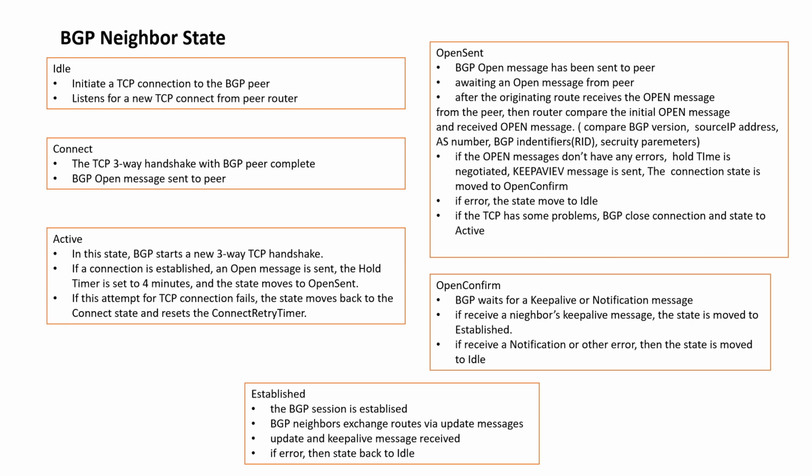Established is the final state. In this state, the BGP session is established. BGP neighbors exchange routes via update messages. Update and keepalive messages are received. If there are errors in this state, the state goes back to idle.